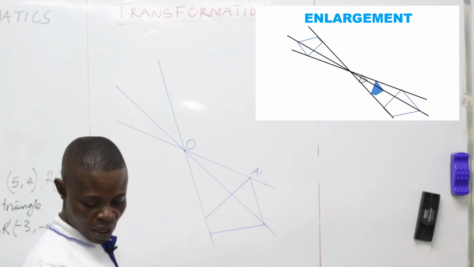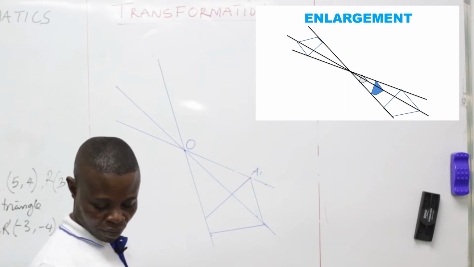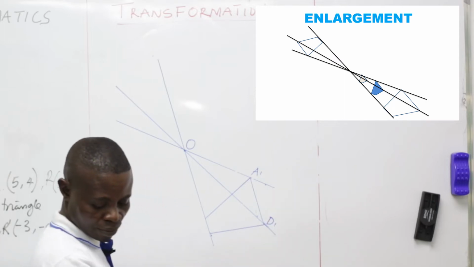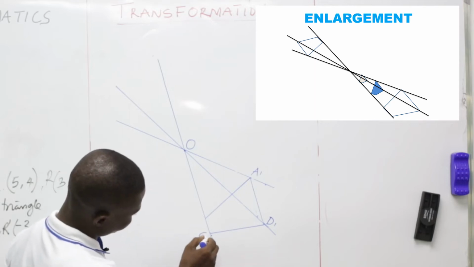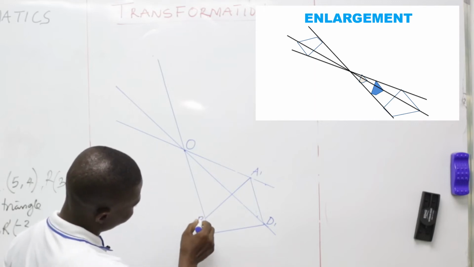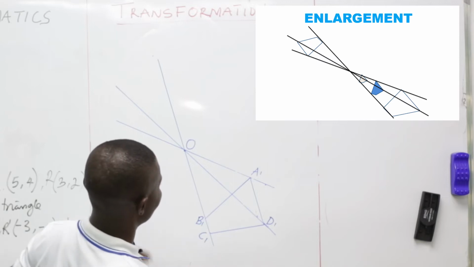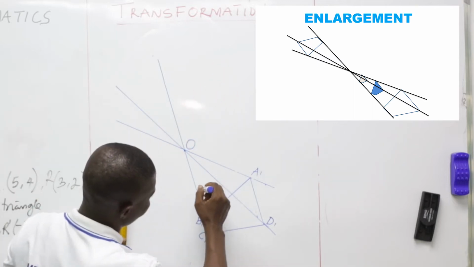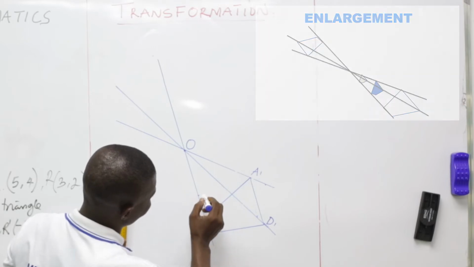We draw another triangle. Call here D1, then C1 here, B1 here. This is an image.